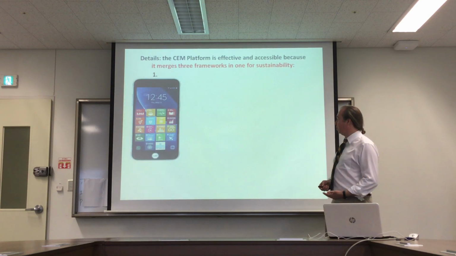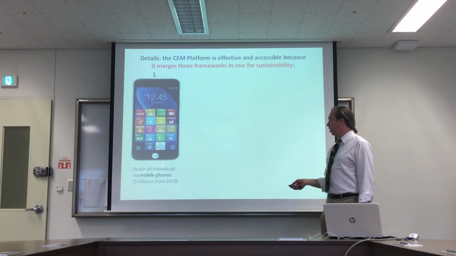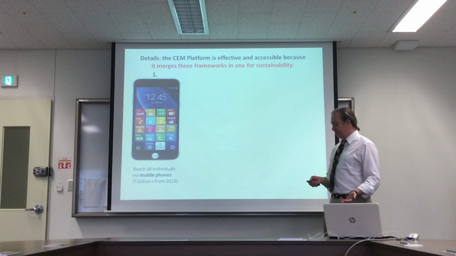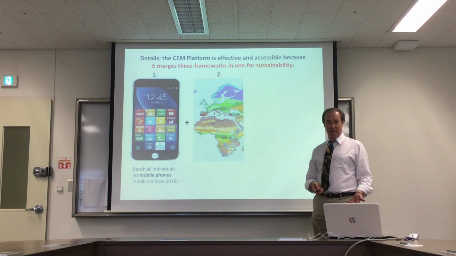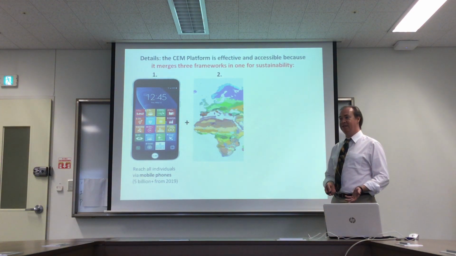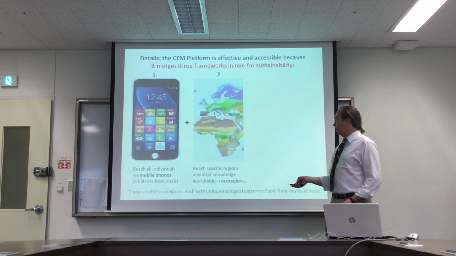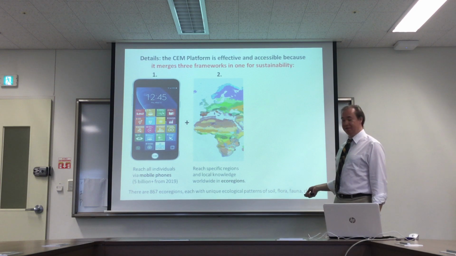And the first one, of course, is mobile phones. Nearly everybody has a mobile phone. It reaches all individuals at this stage if we build a mobile-based platform, with over 5 billion mobile phones from the year 2019. The second point is the ecoregional map that I showed you before. These maps have been in development since the 1980s, and currently it is estimated there are over 867 ecoregions, each with unique ecological patterns of soil, flora, fauna, and climate.